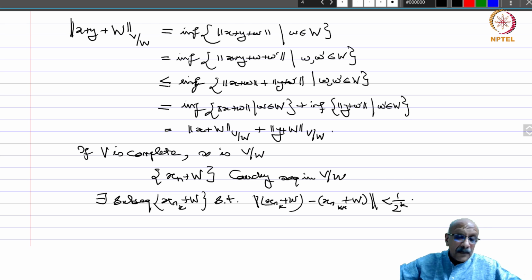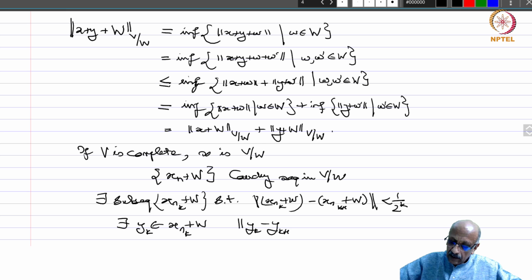This is a property of Cauchy sequences which you should check. What does this mean? This means there exists y_k in x_{n_k} plus w such that the norm of y_k minus y_{k+1} is less than 1 by 2 power k.